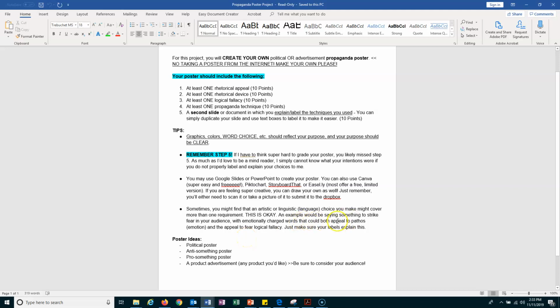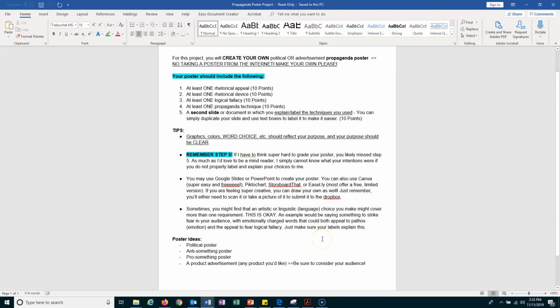I could do that both with appeal to pathos for emotion, and I could do it with appeal to fear for logical fallacy. So there is a good chance that you might have one picture or one statement that really hits 1, 2, or even possibly 3 components. That's okay. You are allowed to do that. Really good advertising does that. So that's what I want to make sure that you're looking at and doing.